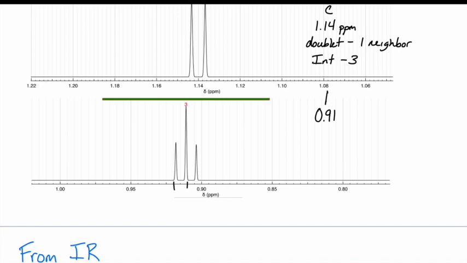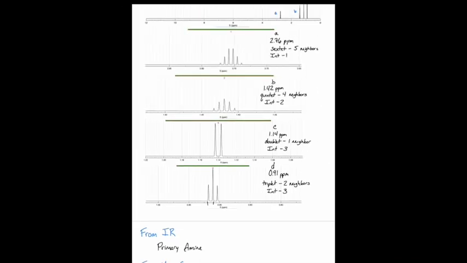This one was D. It is a triplet. So it has 2 neighbors. And then lastly, my integration is 3. All right, so here are my peaks. Here's everything I need summarized.